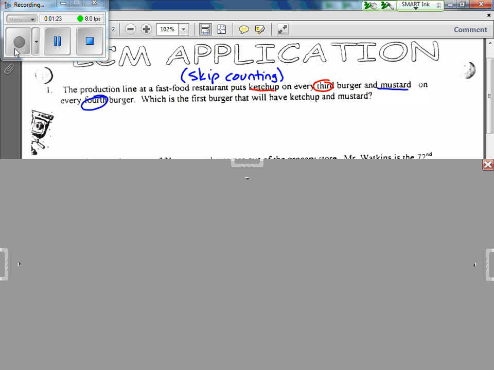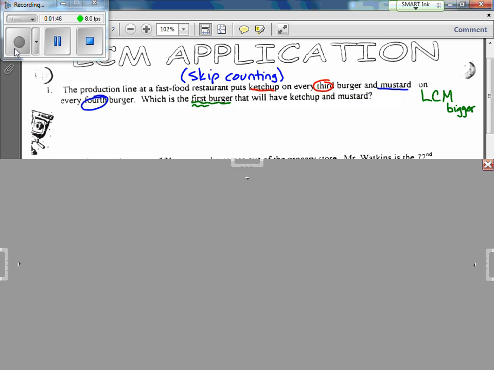So like our burgers, they're looking for the first one that has both. So this is going to be LCM, and just like GCF, we're going to work backwards. Remember that M means multiples. Multiples get bigger.